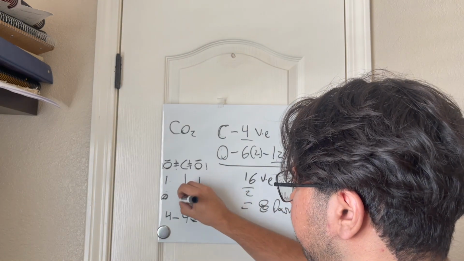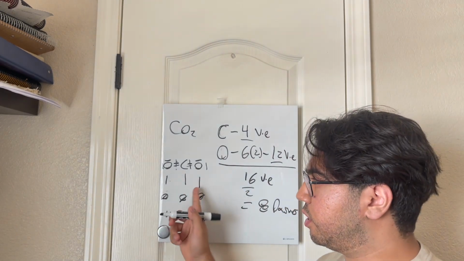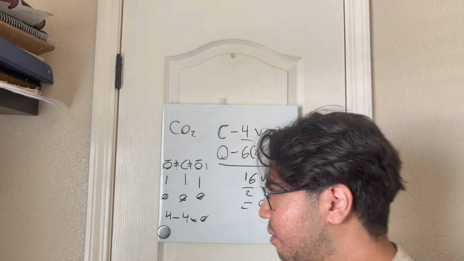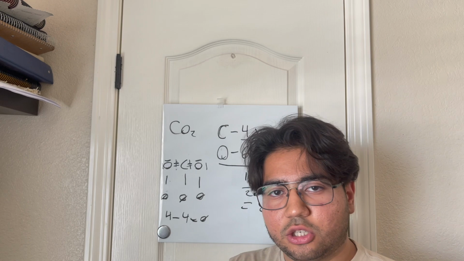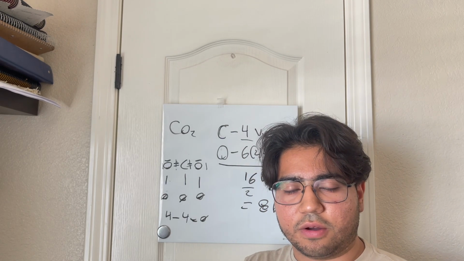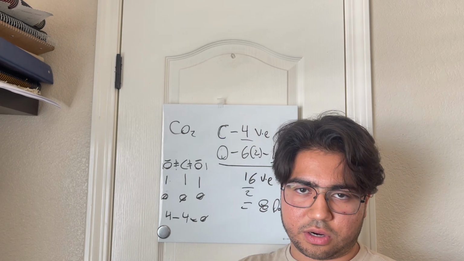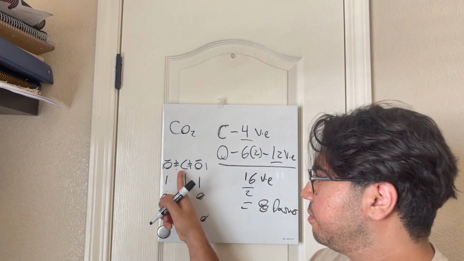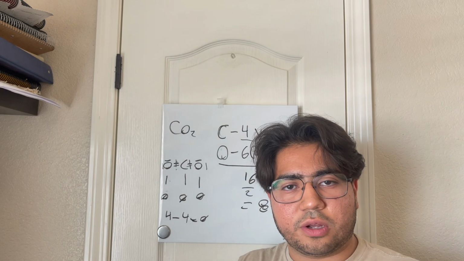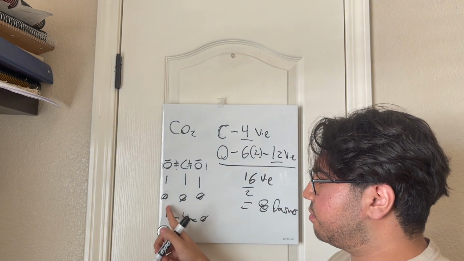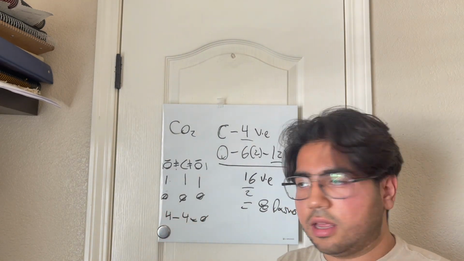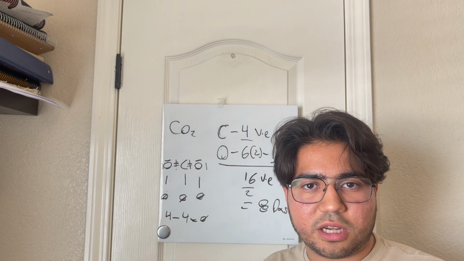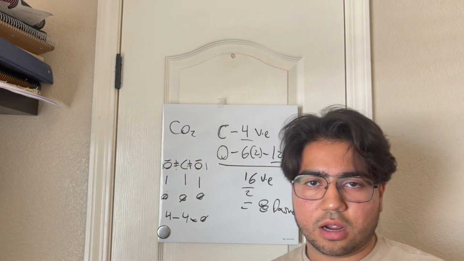So it's 0. This is actually the best structure you could have, because one thing about Lewis structure is that the best structures have a central atom charge of 0 or close to 0. You want to strive to get this central atom as close to 0 as you can. Well, this actually checks out, right? There are no charges in any of these atoms. That makes sense because carbon dioxide is a neutral compound.